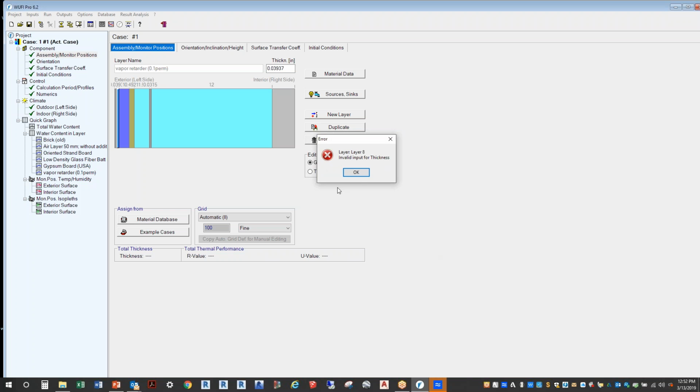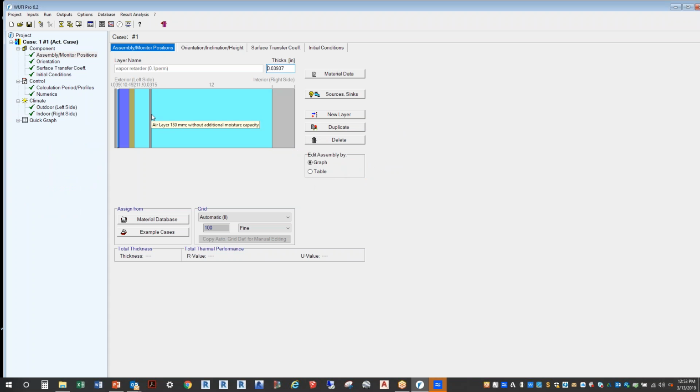See what it does. What? Invalid input thickness layer 8? Layer 8. Is there anywhere that lets you just see it in a list? I think there might be.